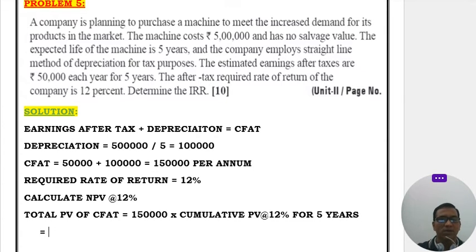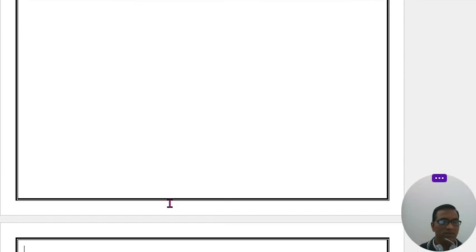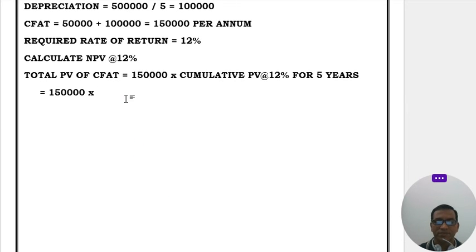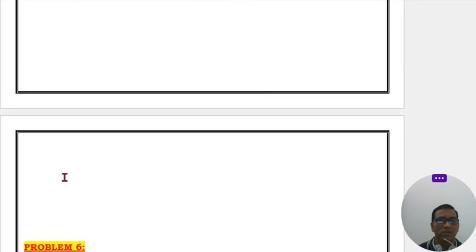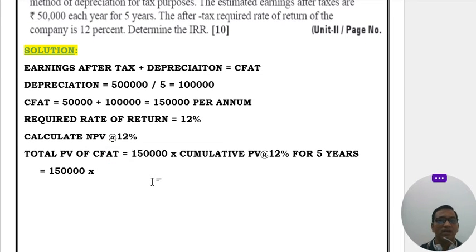That is 150,000 multiplied with, instead of calculating every year, first year, second year, you can take the cumulative value at 12%. At 12%, fifth year value 3.605, that's what I told in the previous question also. No need to calculate every year 150,000 into first year PV, second year PV, third year PV, because cash flows are uniform, every year same 150,000.